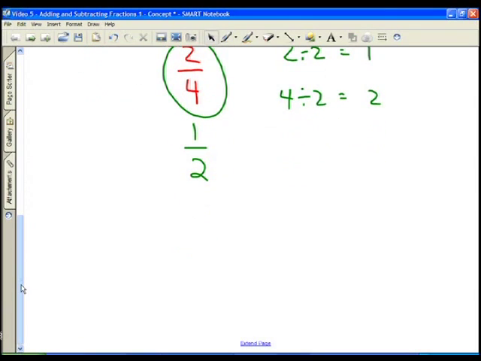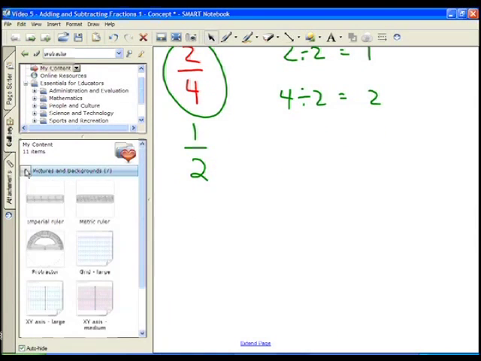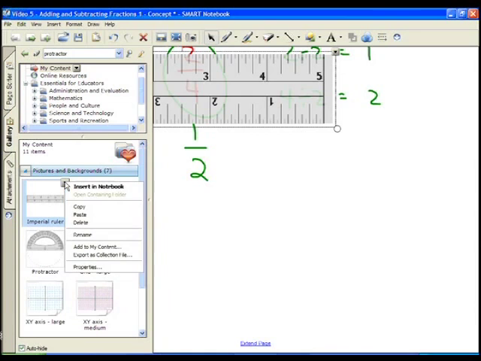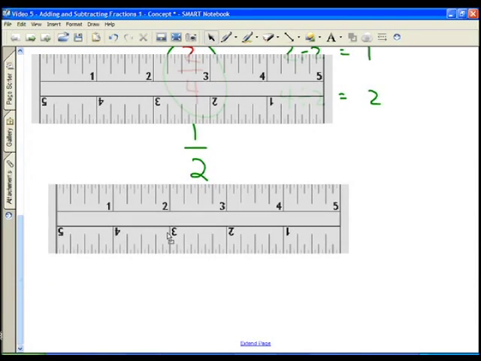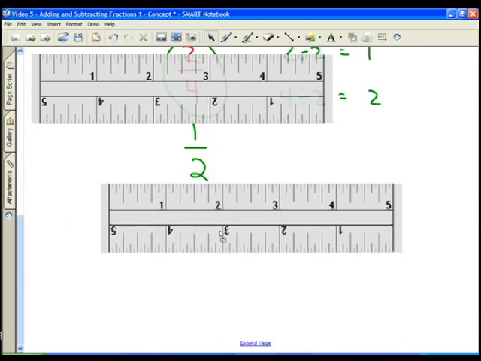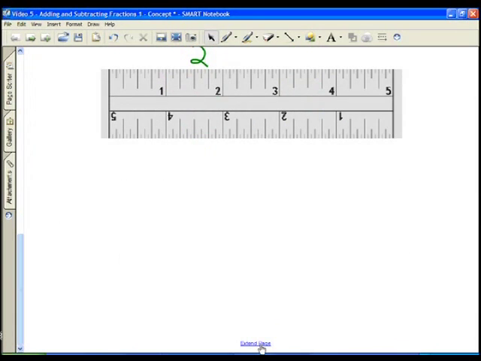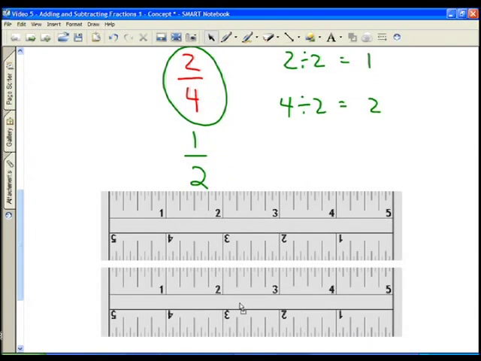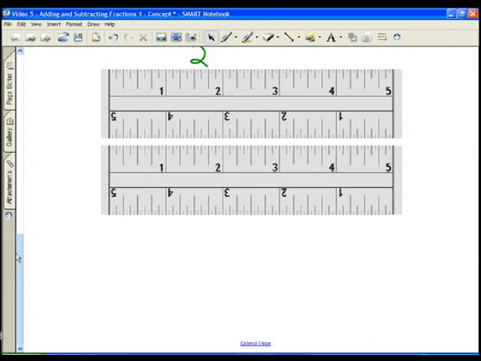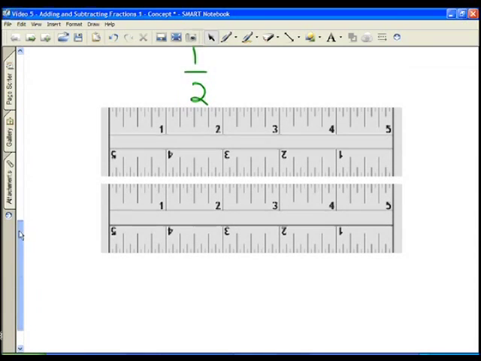If we take a look at how these fractions measure up, I'm just going to take these two rulers and stack them one on top of another relatively close, and we can see here that this is an imperial ruler measured in inches.